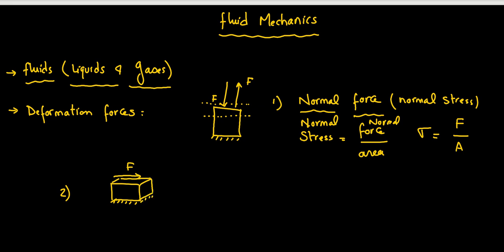So now this force applied to that face or area is not in a normal position, it is in a parallel position, right? We call this type of force number 2, the shear force. So shear force is an applied force that's parallel to the applied surface area.